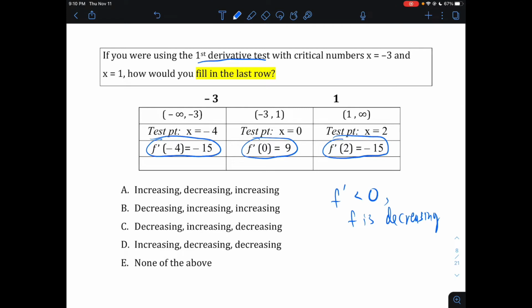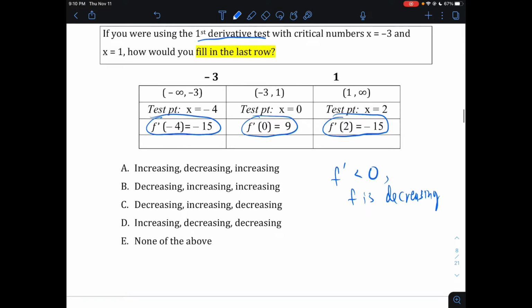The slope is negative, so it is going down. On the other hand, if the first derivative is positive, then that means that your function f is increasing.